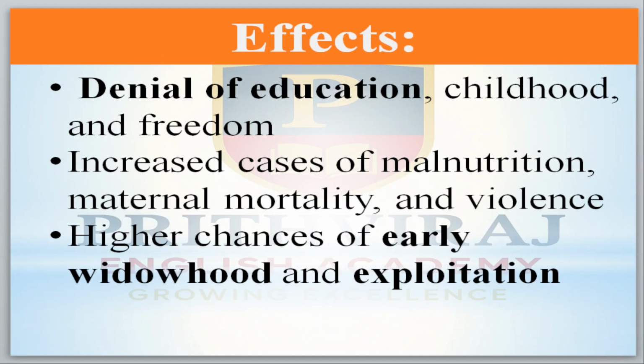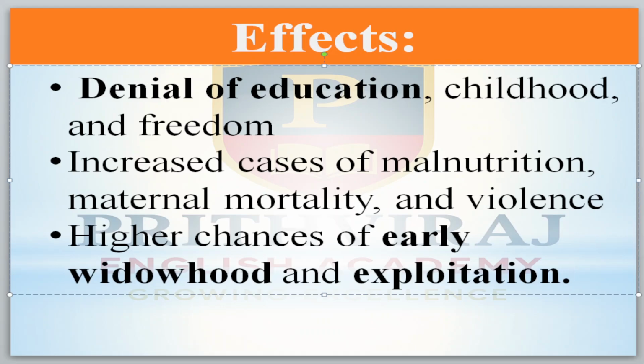Effects of child marriage are denial of education, childhood and freedom, increased malnutrition, maternal mortality and violence, higher cases of early widowhood, and exploitation of women. A widow is one who has lost her husband.